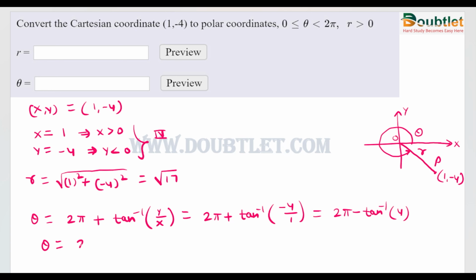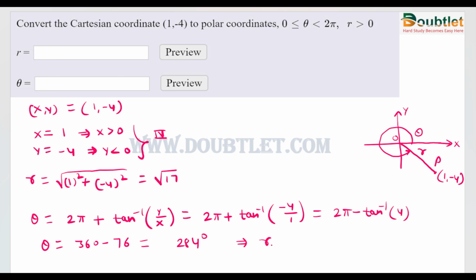So theta we can write as 2 pi minus, and 2 pi in degrees is 360, minus tan inverse 4, which is 76 degrees. If we solve this, we get 284. So around 284 degrees is the value of theta.